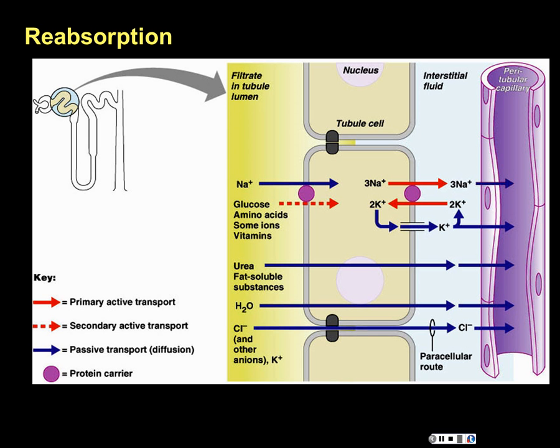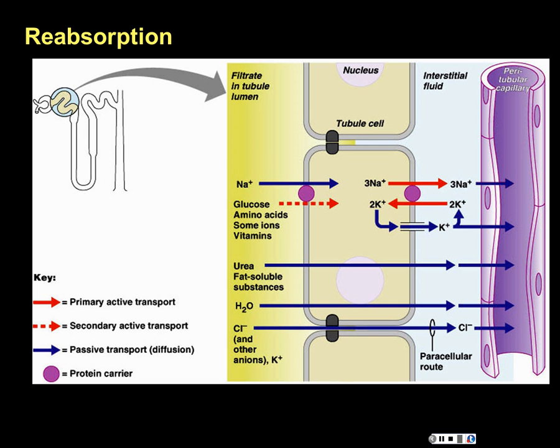But we can also actively transport sodium out and potassium in. So we also have our familiar little leaky ion channels playing a role here. The key placement between reabsorption and secretion is where the transporters are located. Are they facing the interstitial fluid, or are they facing the plasma?